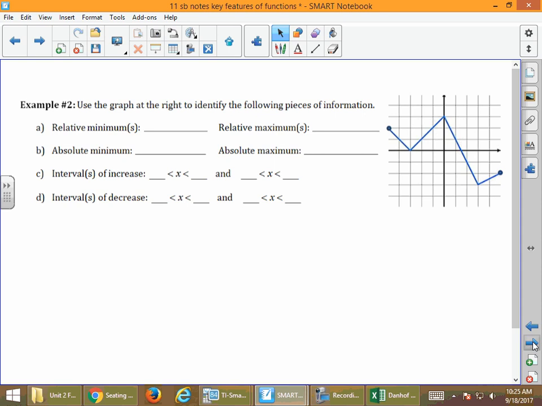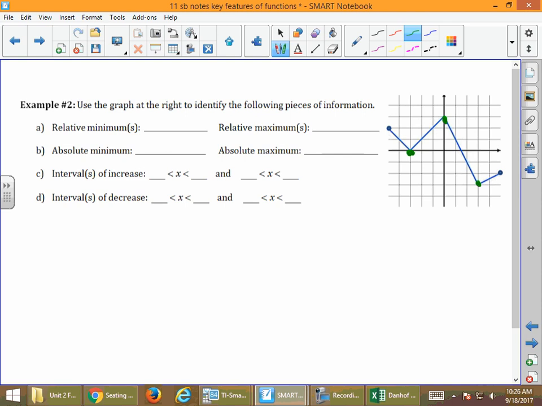So there happens on this particular problem to be 3. Here's a valley, here's a peak, and here's another valley. So those 3 points are going to be either relative minimums or relative maximums.